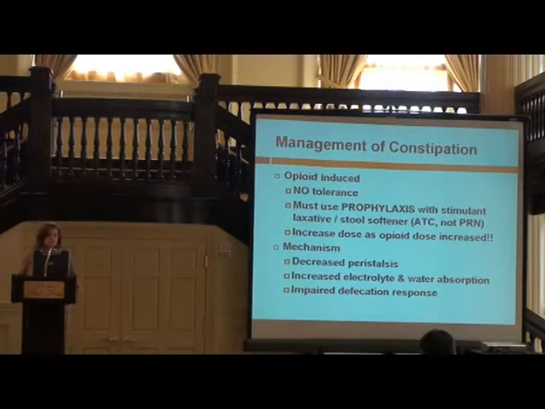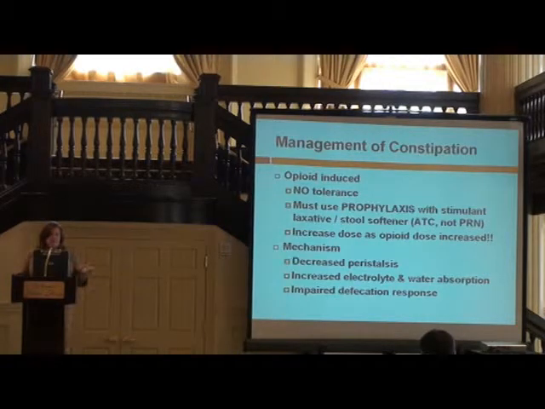Constipation, this is a huge problem that we see all the time, and we need to make sure that we prophylax against constipation. So trying to make sure we prevent it before it occurs, especially in patients receiving opioids. You do not see tolerance develop to constipation, so therefore we have to add a bowel regimen up front, which consists of a stimulant laxative and a stool softener together.